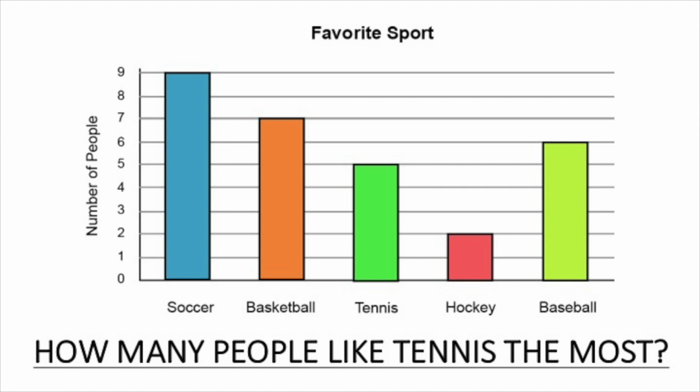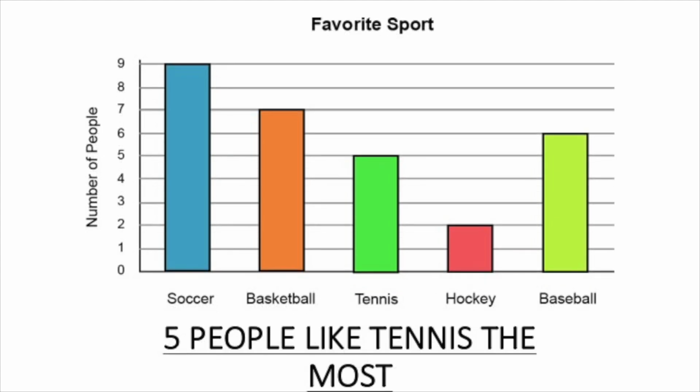Maybe turquoise. But the question, guys, how many people like tennis the most. So what colour bar is tennis? Green. So let's look at the green bar, and where does it go to? 5.